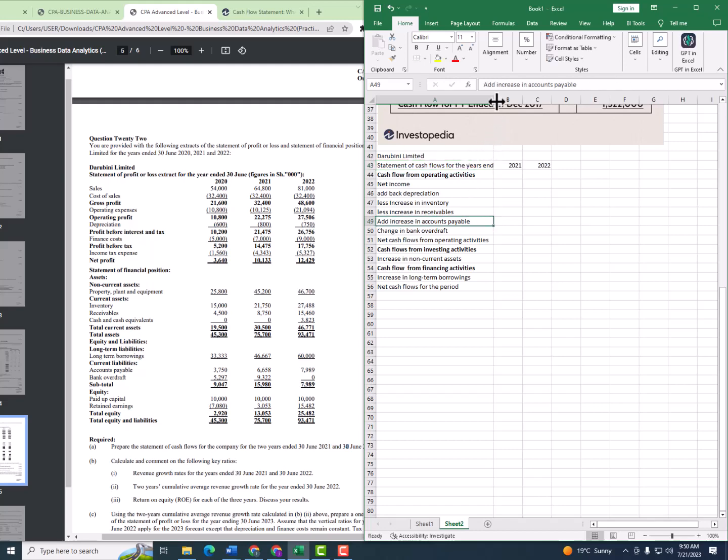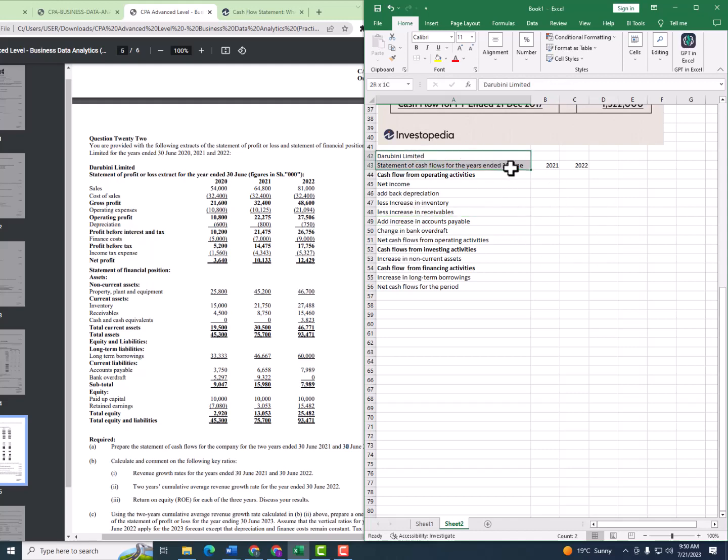Let us adjust by coming on top at column A and double clicking it, and it will automatically resize. We can make this bold because it is a title, by hitting Control B.